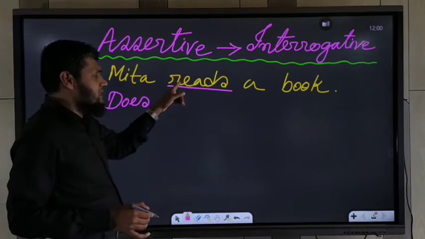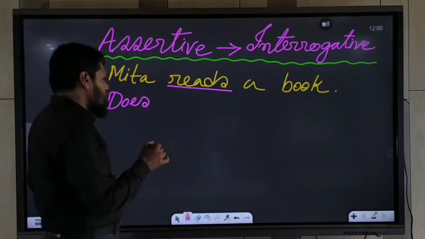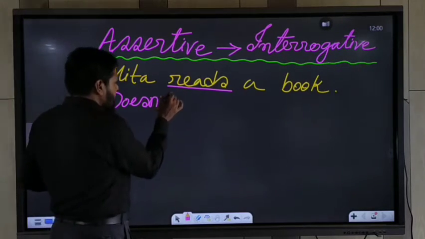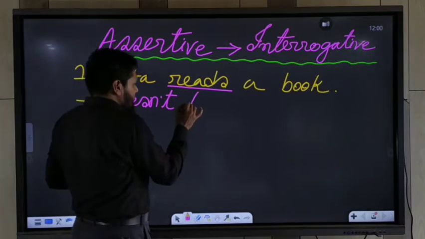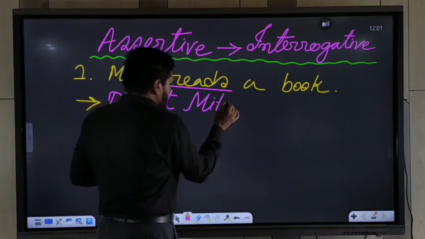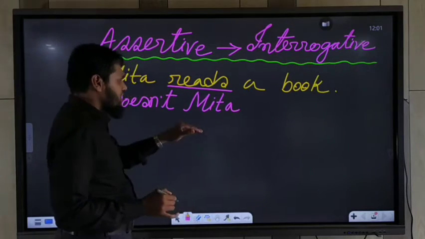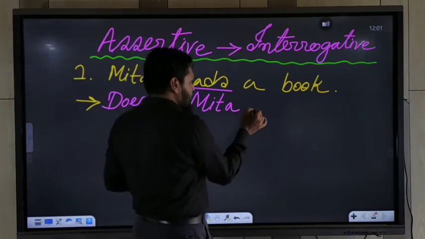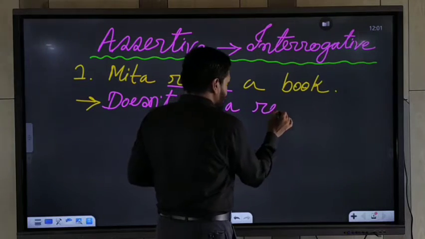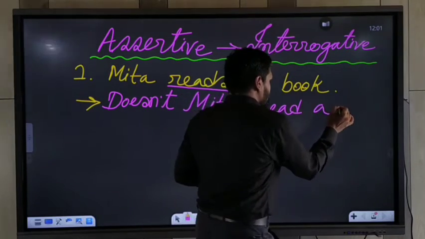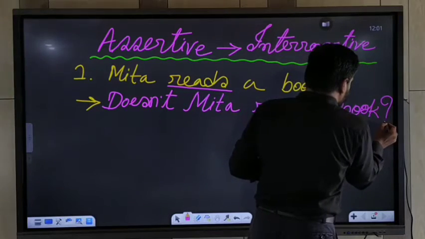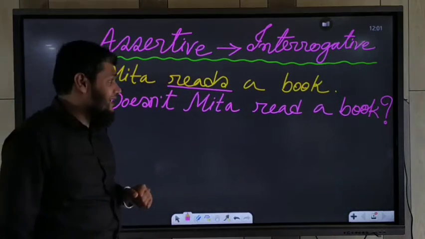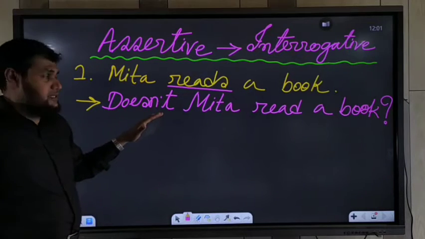If the sentence is in affirmative form, you should use the negative form in interrogative. So doesn't. Then you should use the subject. Doesn't Mita. And then you should use the main form of the verb. Read a book. And use the note of interrogation. Understand? It has been changed.